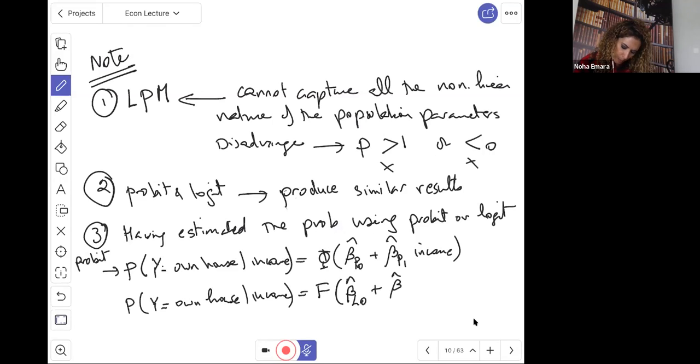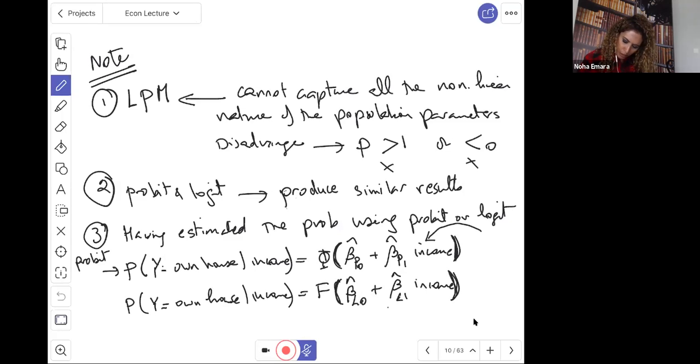Plus beta L for logistic, 1 for the slope, and then income. An important thing to remember is that anytime, I'm just repeating what I said, anytime I have coefficients and variables inside brackets, then I cannot compare them.